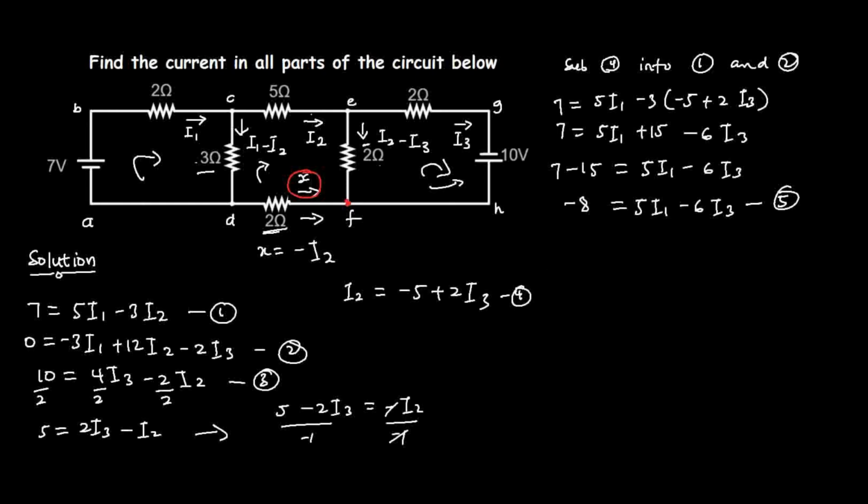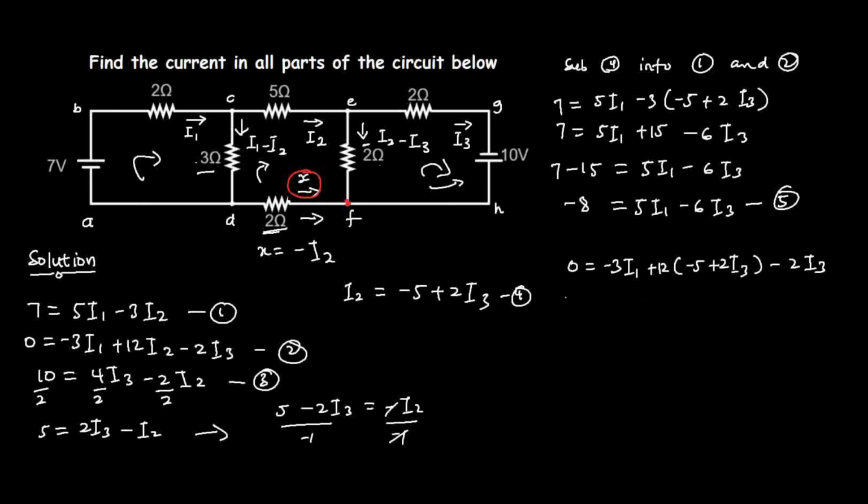Okay, now let's continue. Okay, so from equation 2, that's what? 0 equals minus 3I1 plus 12I2. But we know I2 to be what? Minus 5 plus 2I3. Then minus what? 2I3.